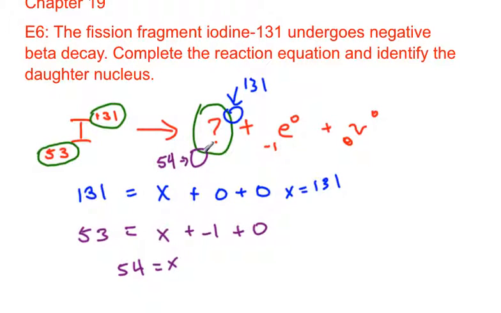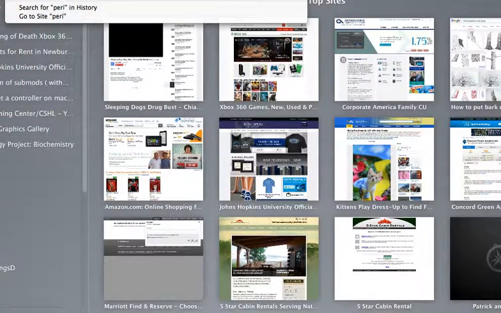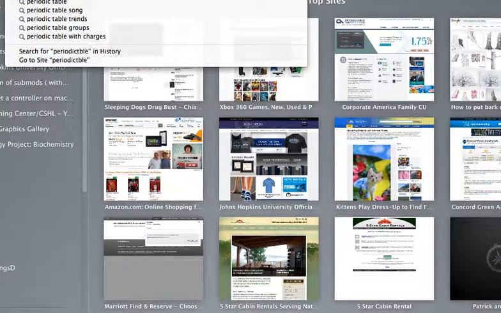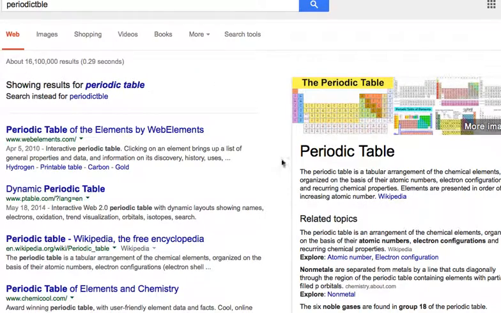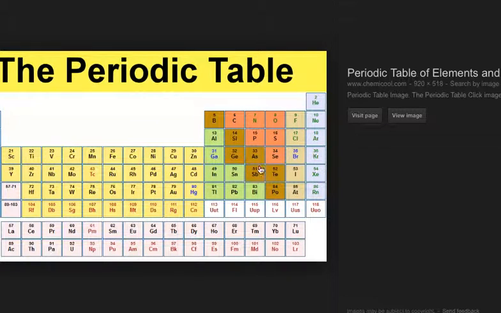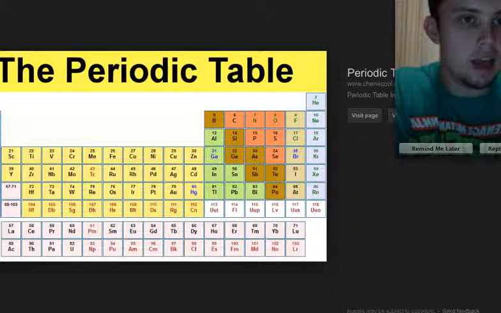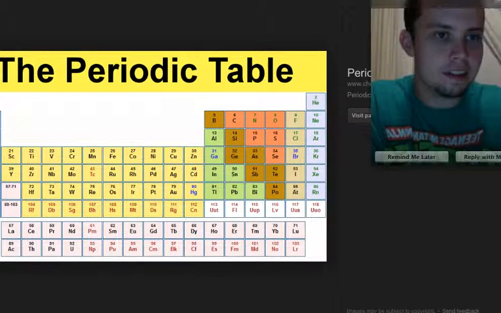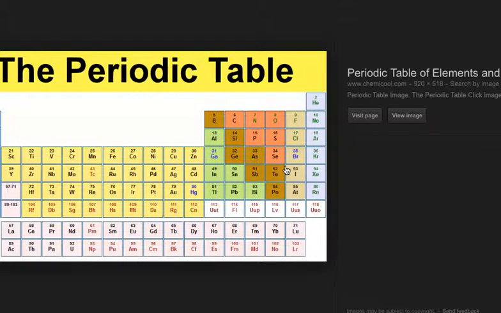And you're like, okay, well, I know the number of protons and the number of neutrons, so how do I find out what element this is? Well, you're going to have to do what I do, and look at the periodic table. So let me look up the periodic table real quick. And we need to go by, okay, someone's calling me. I'm going to decline that for right now.